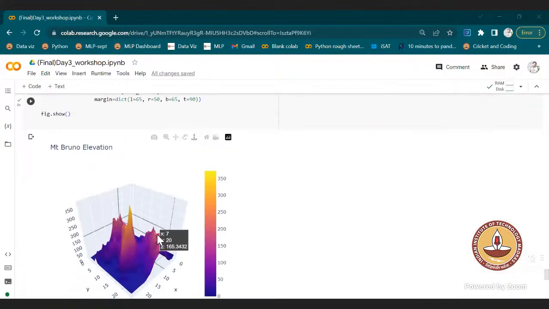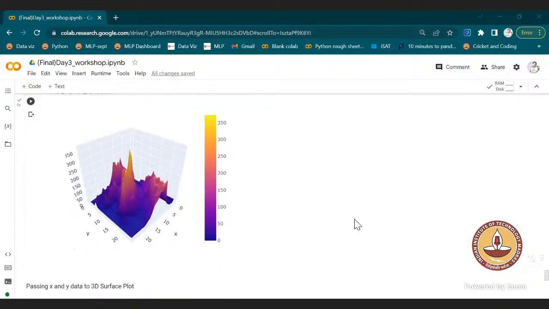Sir, this is very useful in all our sampling plots and everything in MLF, MLT, MLP. Can you show it with some real data?